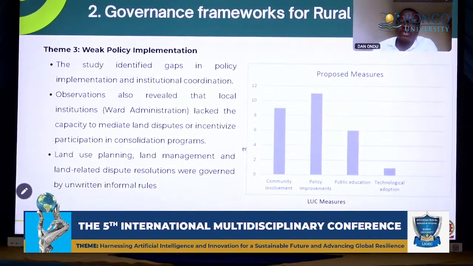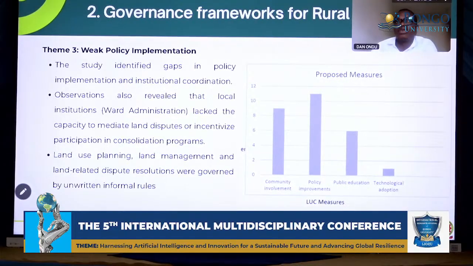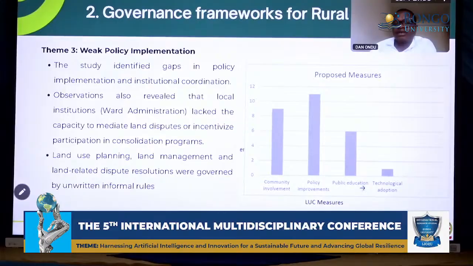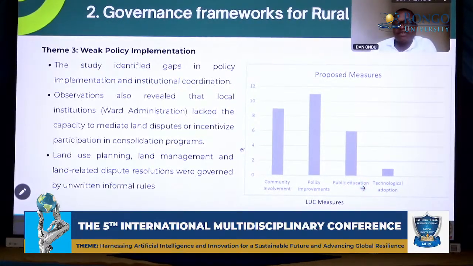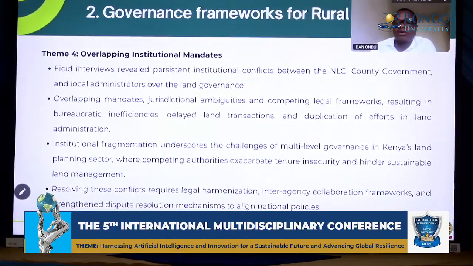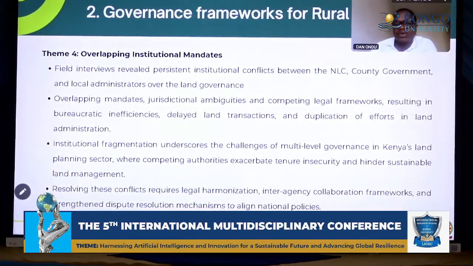There were also issues of lack of capacity in the local government to manage issues such as land disputes, and this resulted in distrust and a negative attitude towards any issues to do with land. There were overlapping institutional mandates, as I've discussed, with conflict between the National Land Commission, county government, local administrators, and so on.